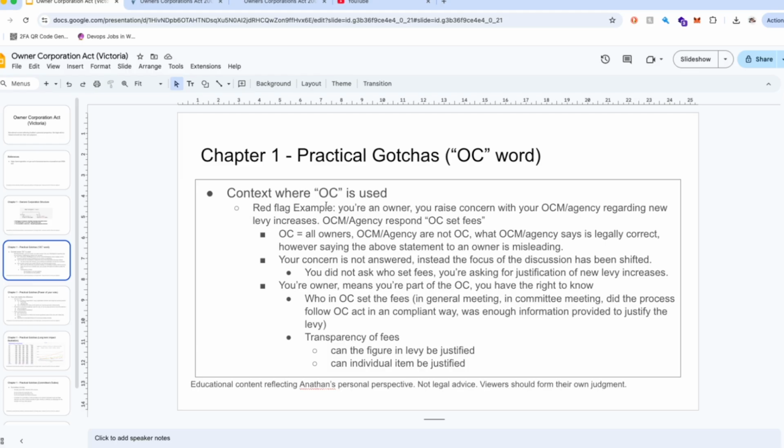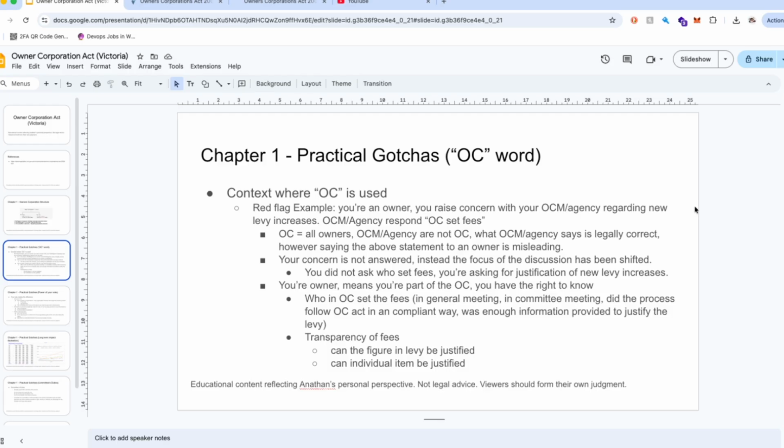Here's a red flag example. You are an owner. You raised a concern with your OCM or agency regarding new levy increases. The OCM or agency, or maybe the committee, or another particular owner, responds, "OC set fees."